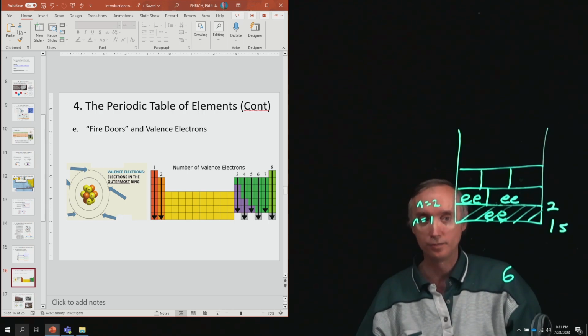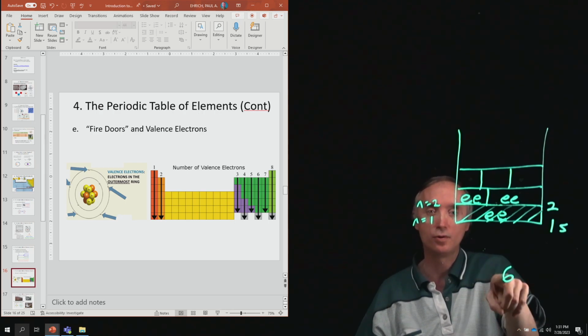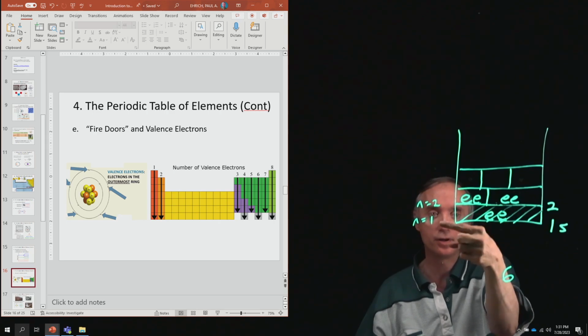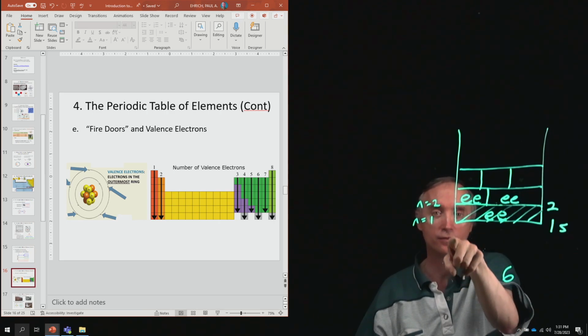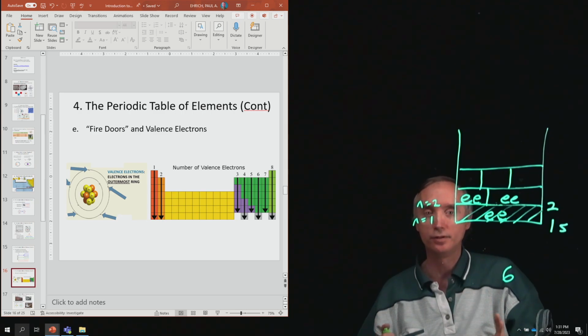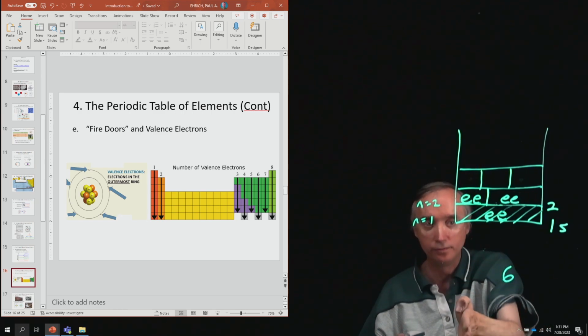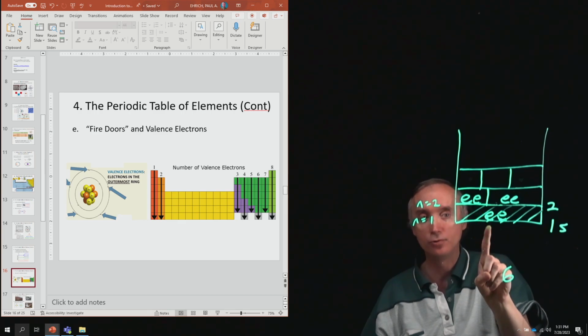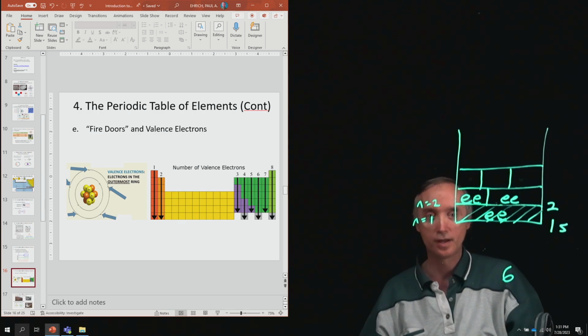Count columns. Okay, so let's go over to this side of the periodic table, and you have column 1. Every element that's in column 1 has 1 outer electron that participates in chemical reactions. Okay, go to column 2.